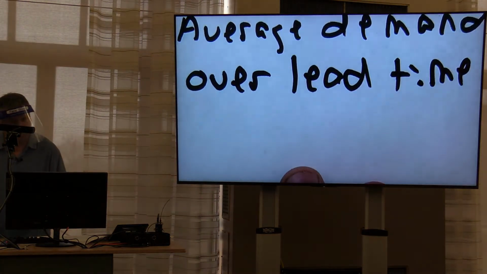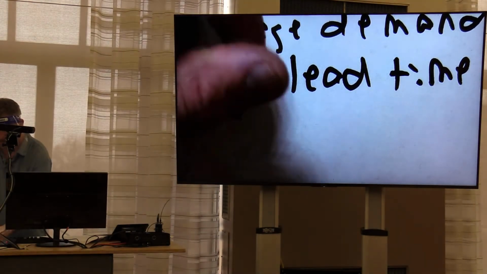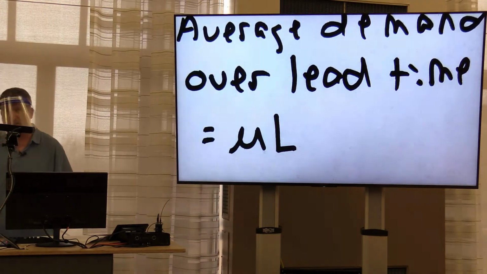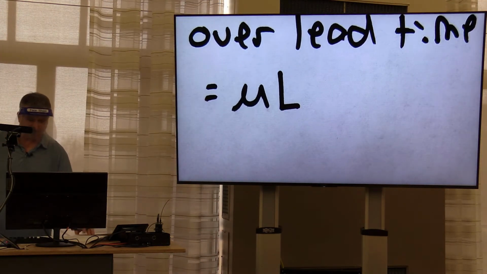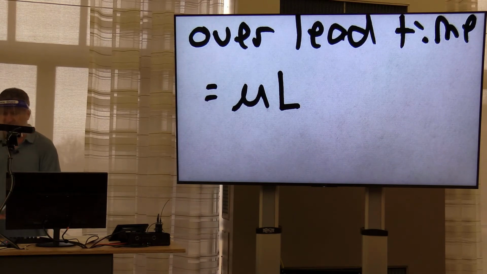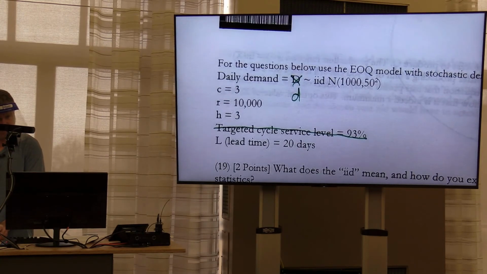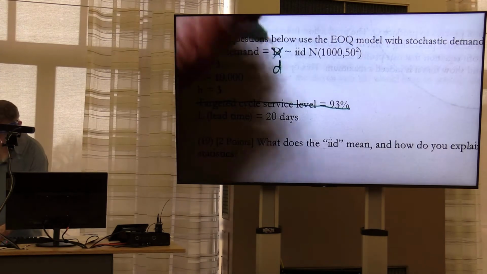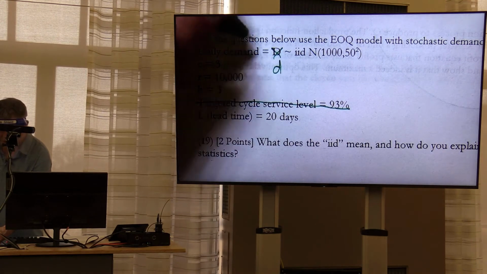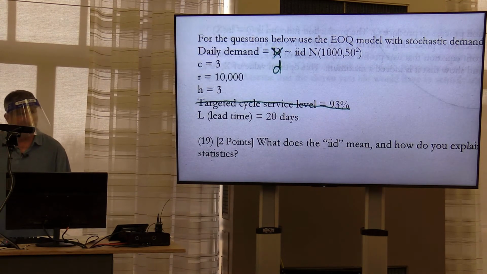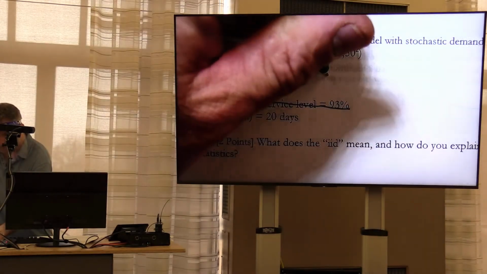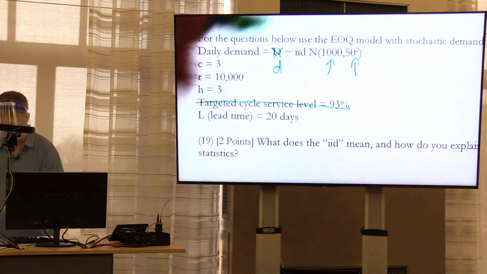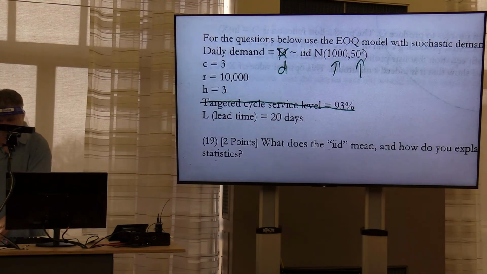And we know from our formulas the average demand over lead time is just going to equal mu, the average daily demand, times L, being lead time. And I always have to give you these things. Like in this problem, I give you that little d, daily demand, is independently and identically distributed normally with a mu of 1,000, a mean of 1,000, and a variance of 50 squared, so a standard deviation of just 50.